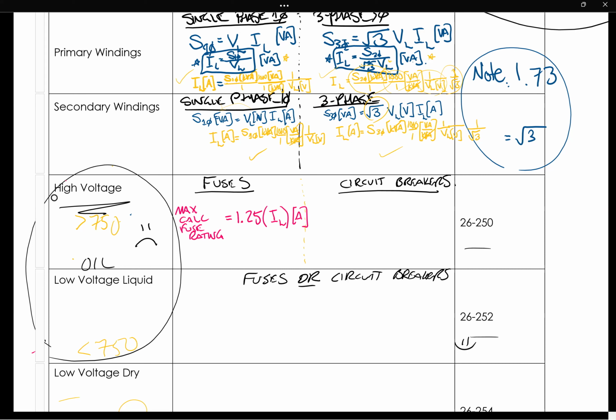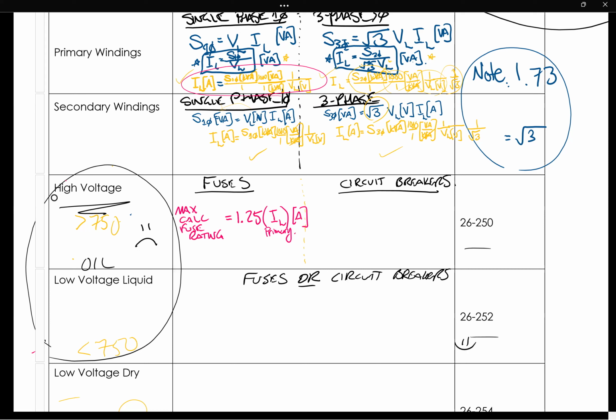Well, what's I line? Here's I line, right? And so it is of the primary winding. I line of the primary winding.